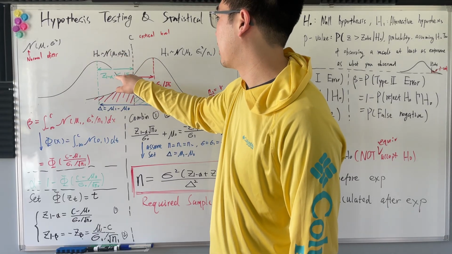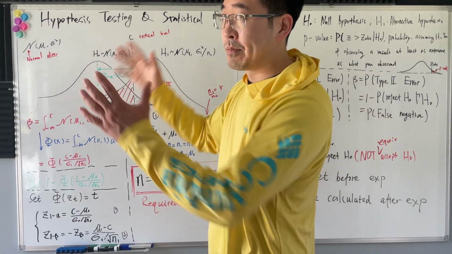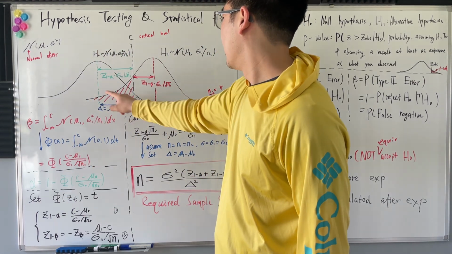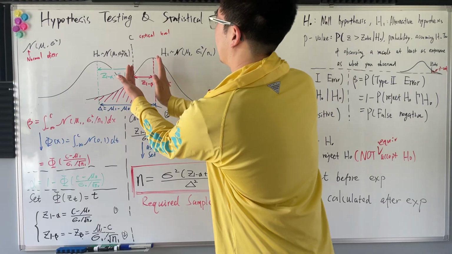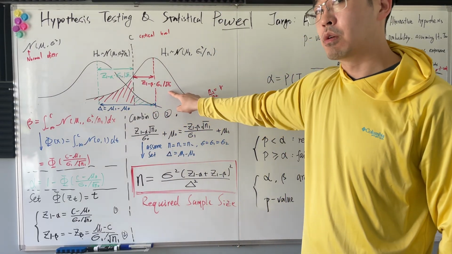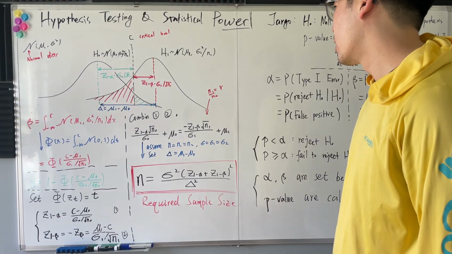You need to multiply by sigma divided by root n, widening it by the width. Similarly, this distance is z_{1-beta} times sigma 1 divided by the square root of n1.